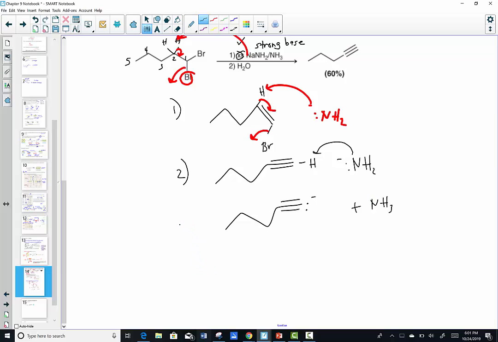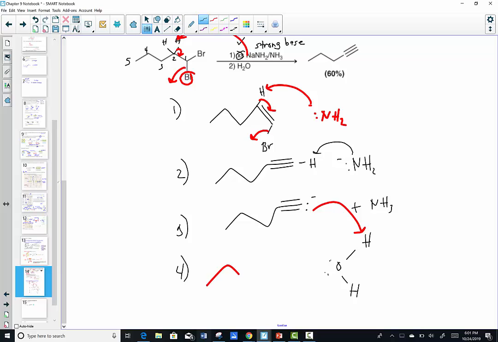And then that's the job of the water. Let's add a water molecule that says this negative ion can then reach out to reprotonate itself by just taking that proton off of the water.